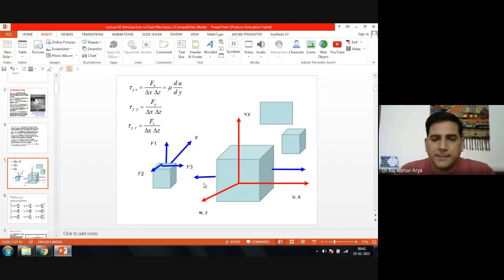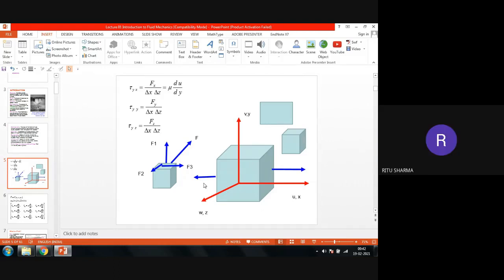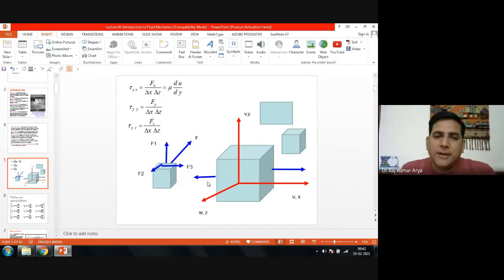Yes, sir. Fine. Same thing I can define for your top and bottom. So for the top one, this would be your plus y plane, and same thing I can do for the bottom one, so I can change this to the minus y plane. And then you have something for front and back.